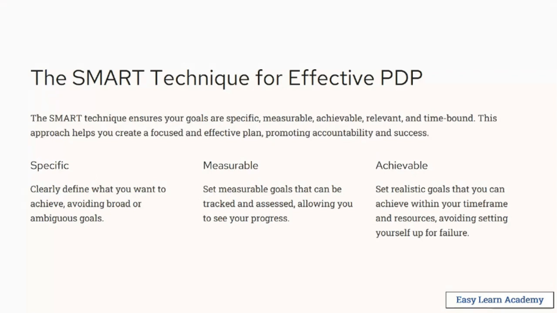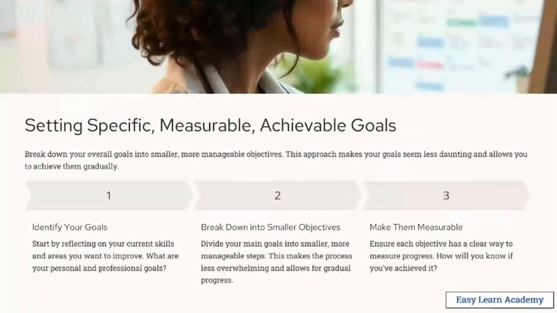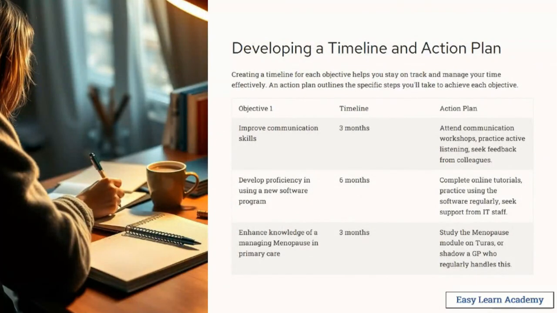And then we talked about the technique of making this happen. You identify the goals and break them down into small chunks for yourself. We talked about the technique of making it SMART, which is specific, measurable, achievable, relevant, and time bound. We gave an example of that as well.